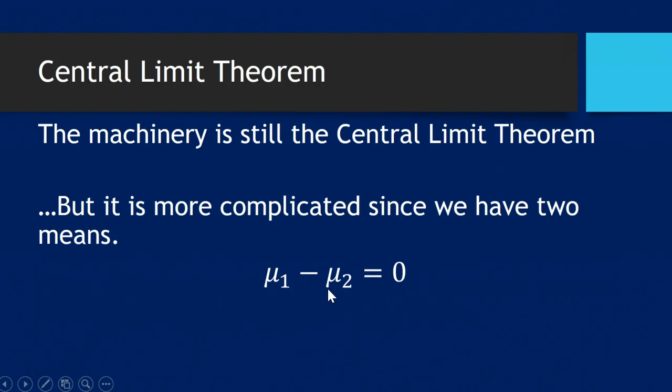Think about adding mu2 to both sides. You'd get the null hypothesis. So this is equivalent to the null hypothesis here. So it's a little bit more complicated. And just to give you some insight into that, not only are we dealing with two means, but we're dealing with two standard deviations. So we make the difference of the two means the center of our normal curve by subtracting them and assuming that it equals 0.